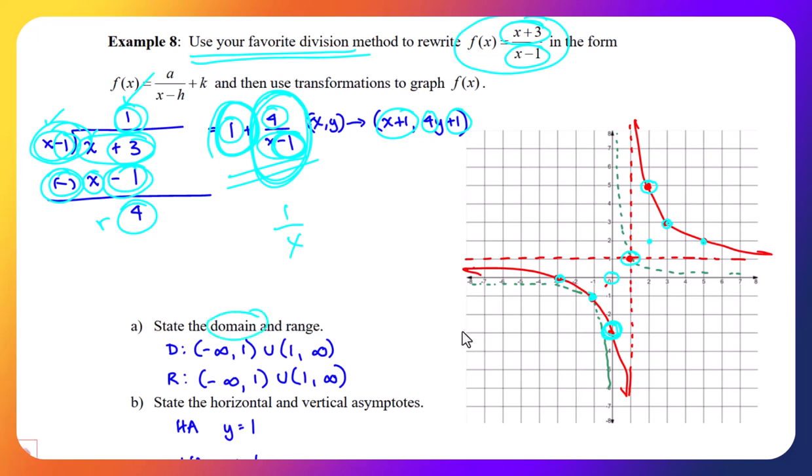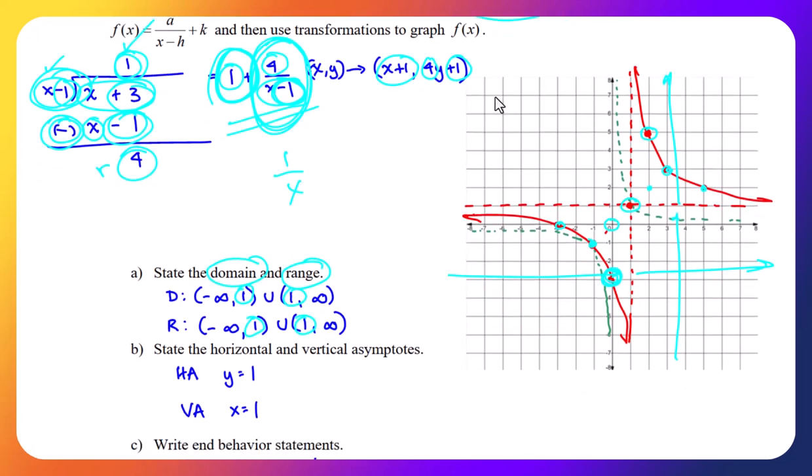Domain from left to right for the red graph jumps over the 1. The range for the red graph has to also jump over the 1. Because of that, the horizontal asymptote is y equals 1, and the vertical asymptote is x equals 1.